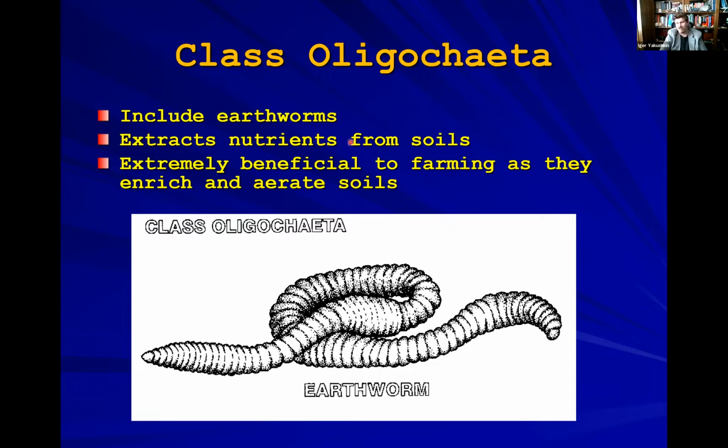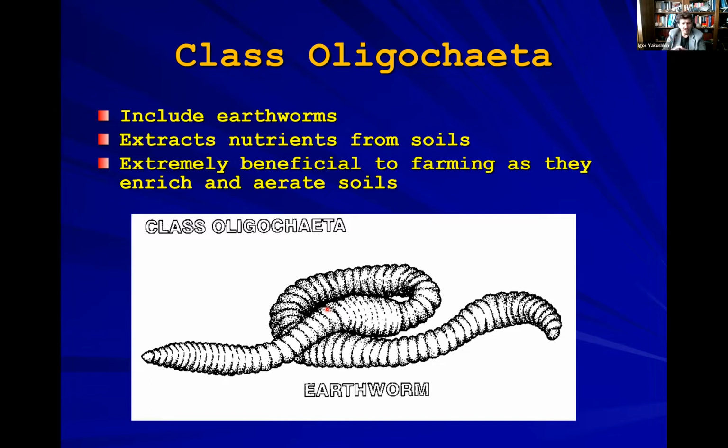Earthworms are extremely beneficial. First of all, you can use them as bait if you are a fisherman. But for the environment, they churn the soil. They put some fresh nutrients in. They feed off the dying or dead parts of the plants generally.